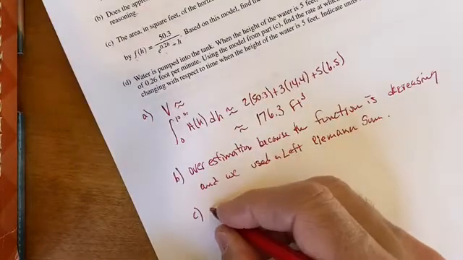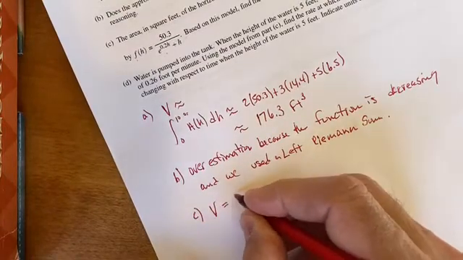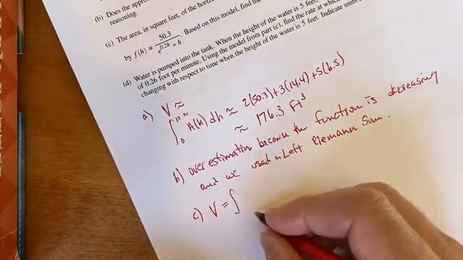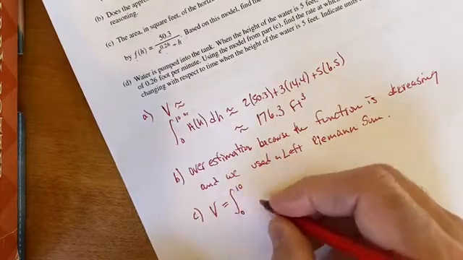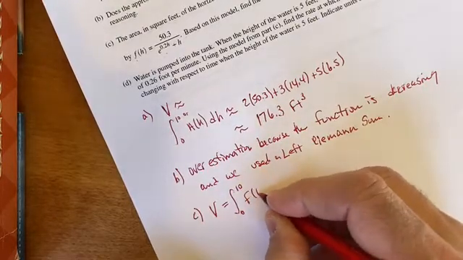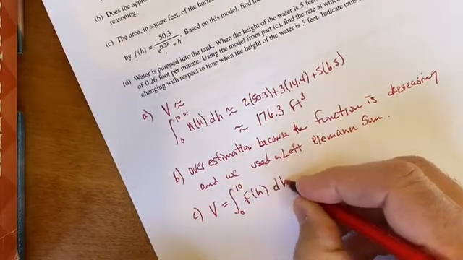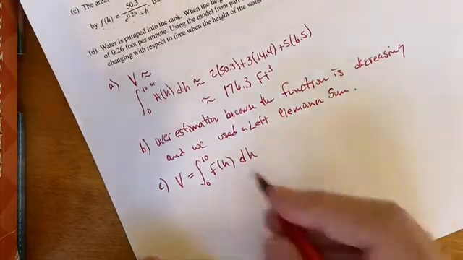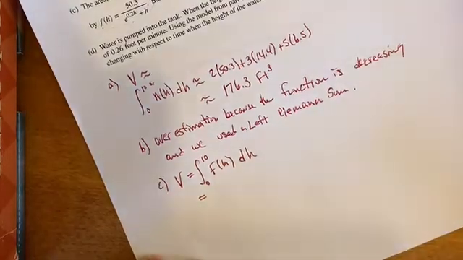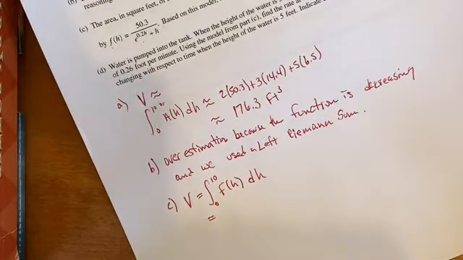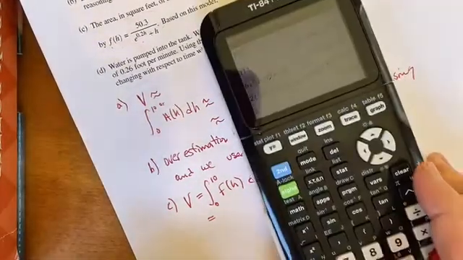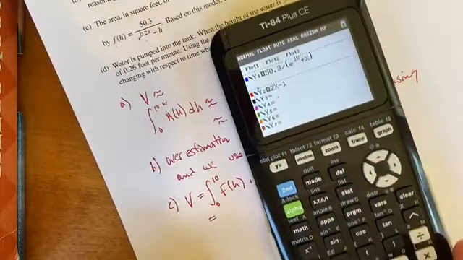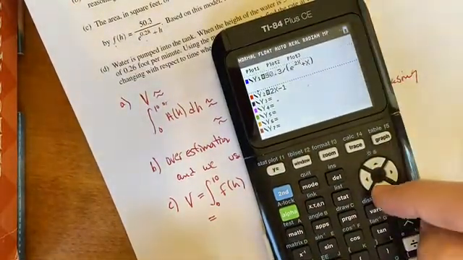So we want the volume, which is the integral from 0 to 10 of f of h dh. Oh, look at this. I already have it in there. I must have done it recently.